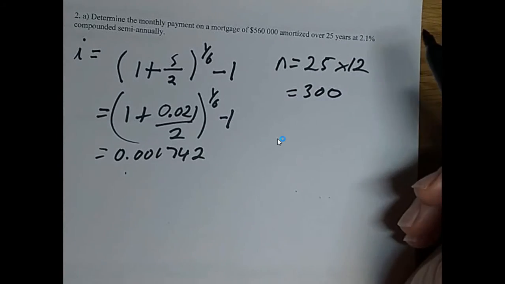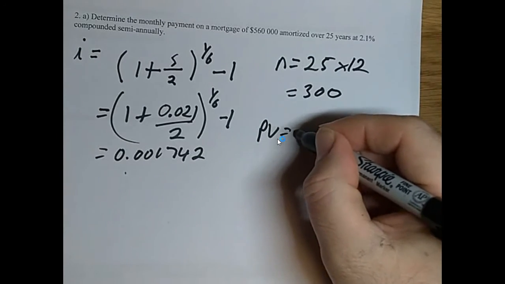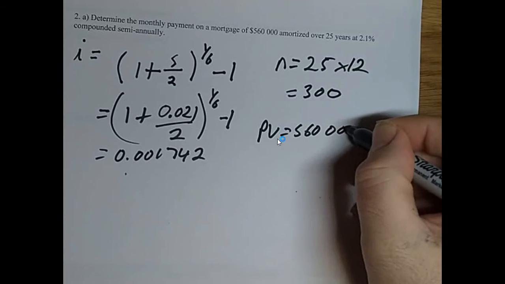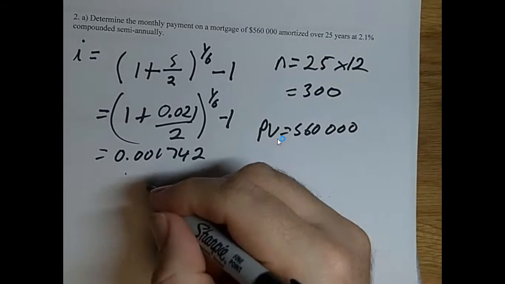Now we use the present value. The current value of the mortgage is 560,000. Now we're going to use that PV formula.